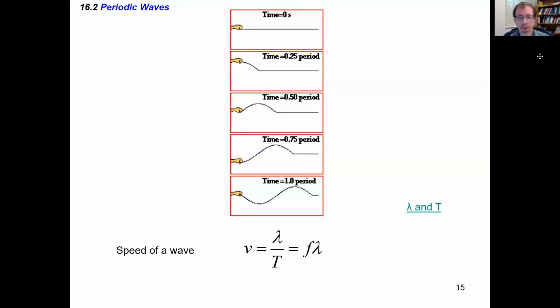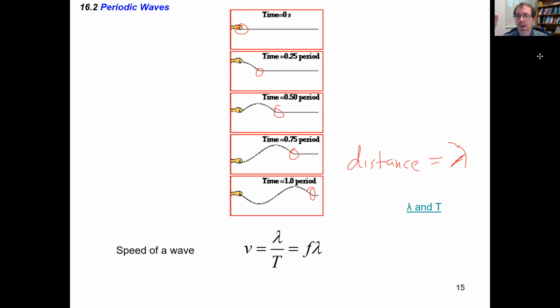How far does the starting bit of our wave travel in one cycle? Well, the distance traveled by our wave front in one cycle is lambda. Sorry, that's lambda. All right.